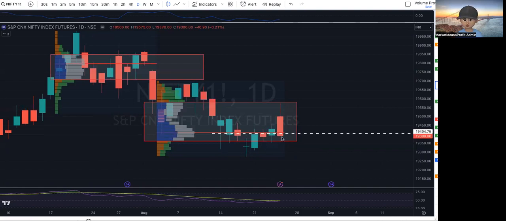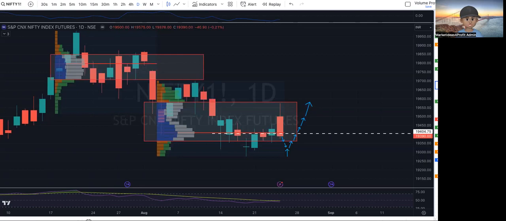Tomorrow, the first thing I see is that we might tag lower, somewhere in this area, and then we could see some kind of reversal from somewhere here. Then I expect the market to take us back into positive territory, which could take us higher and back to the top of this range.